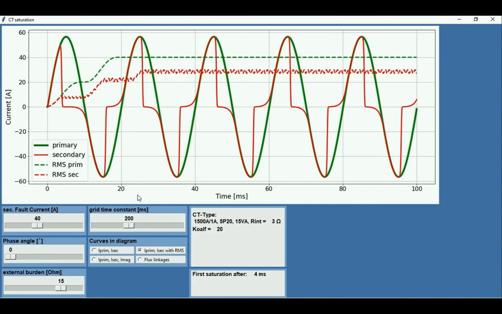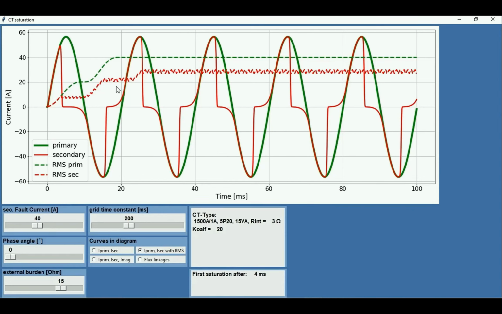You see here now, additionally in the picture, in dashed lines, what the algorithm would calculate from the green curve, that means from the original nice sine wave. And you see here, after a starting effect, you get a stable value, 40 amps, the correct value.